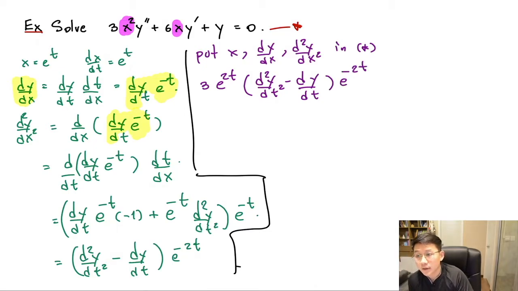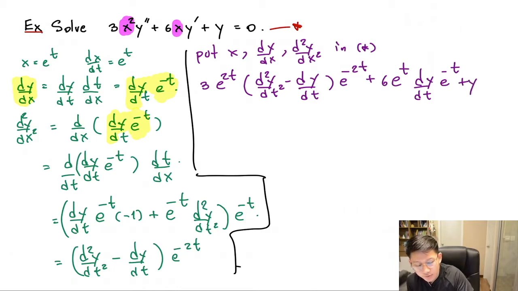And then plus 6x, where x is e to the t, times y prime, which is dy by dt e to the minus t. And then plus y equals 0.